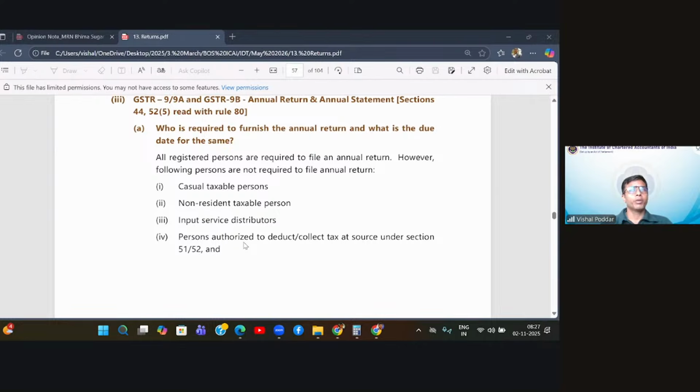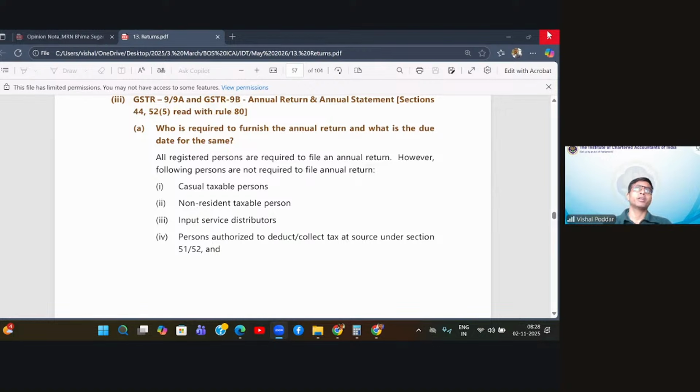Whatever purchases you have made, all purchases post 10th of October will be available to you as ITC. But how? When you are purchasing post 10th of October, you inform all your suppliers: boss, right now I am not having my GST number, so I am not communicating it to you. Presently you may report my transactions in B2C, but the moment I get my number, I'll inform you.